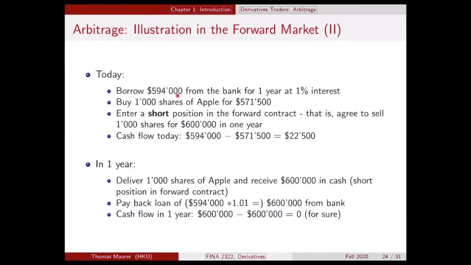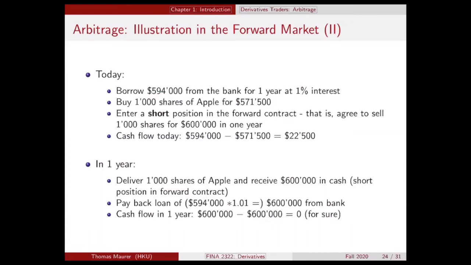Well, this amount means that in the future, when I have to pay back the money plus interest, it will be exactly $600,000. And why do I want this to be exactly $600,000? Because that's the money which I will get through the forward contract.